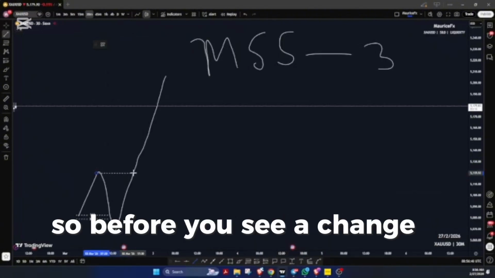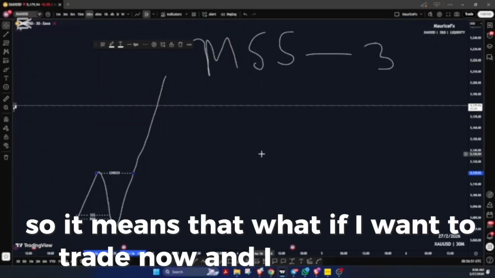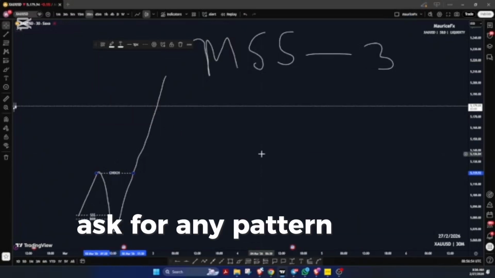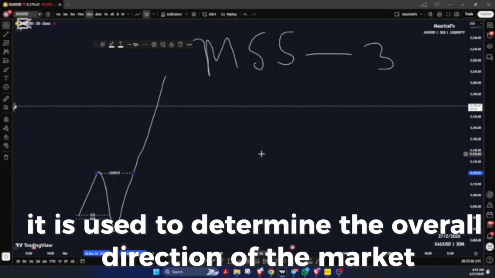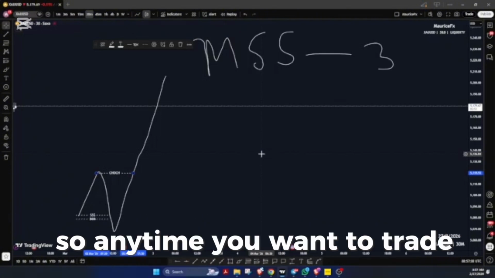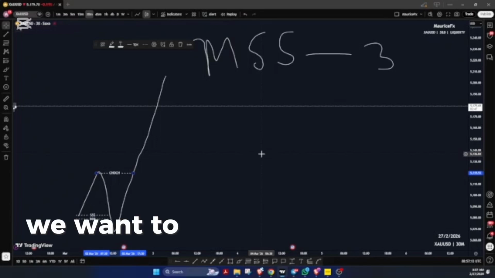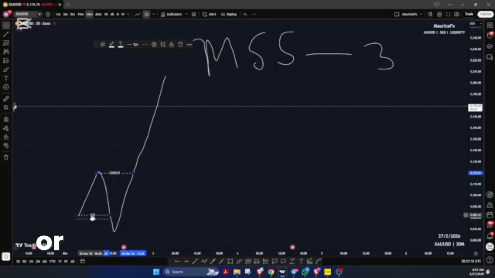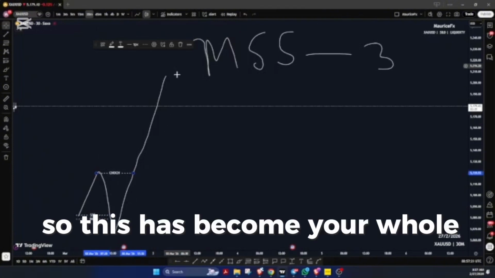A swing structure is used to determine the overall direction of the market. So anytime you want to trade, this is what you are always going to look out for. You want to see the market taking off the previous low, or sweeping the liquidity, before giving you a change of character. So this has become your swing structure.